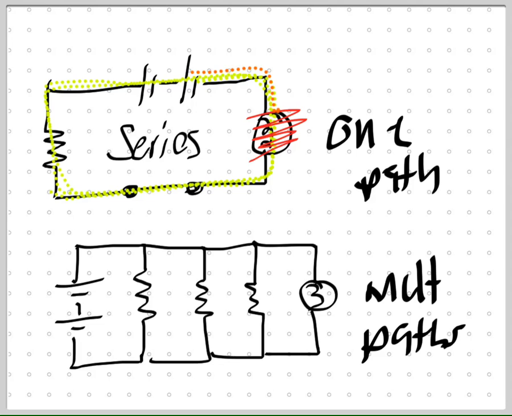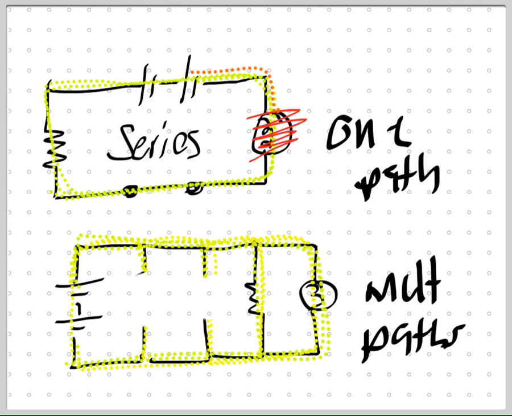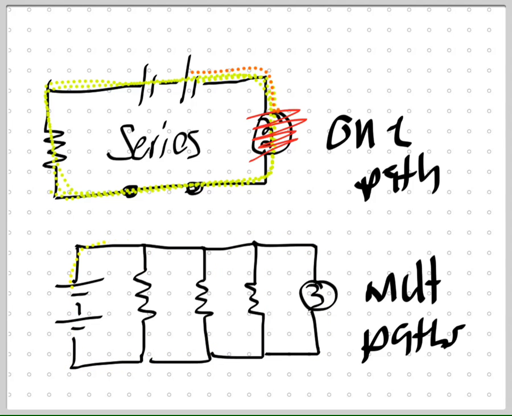When I say it has multiple paths, that means electrons can flow, like you see here. It's happening so fast. I'm sorry, that's just too quick. So anyhow, electrons can flow down each branch, and it can go around and around. That's why it has multiple paths.